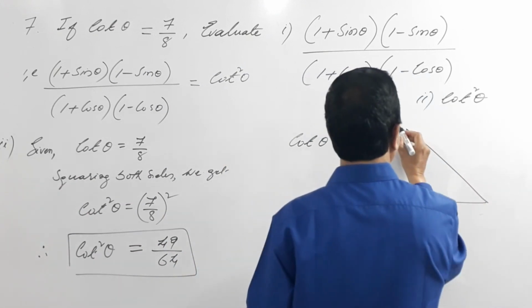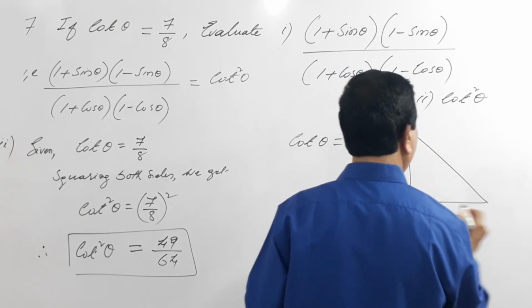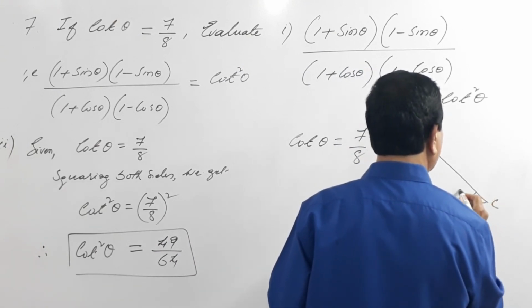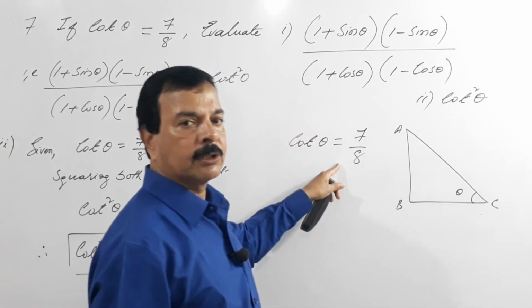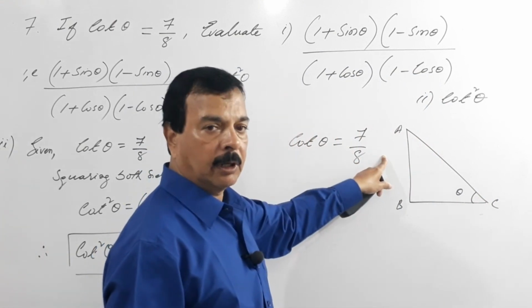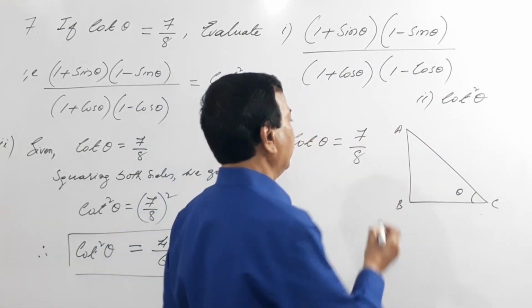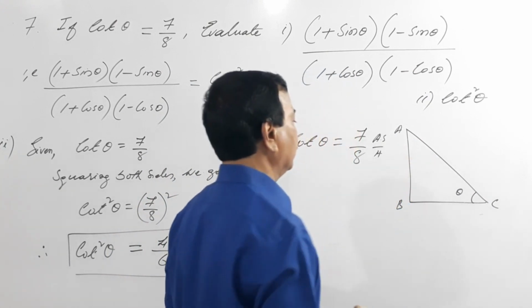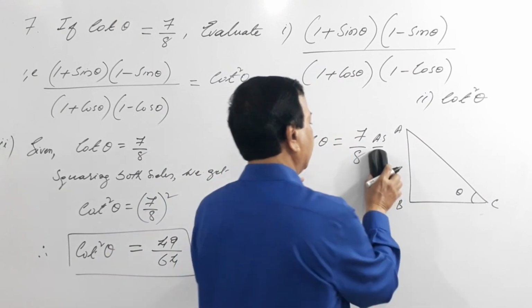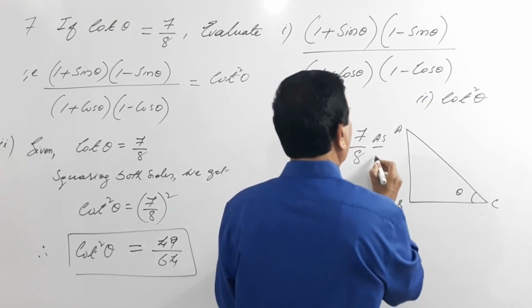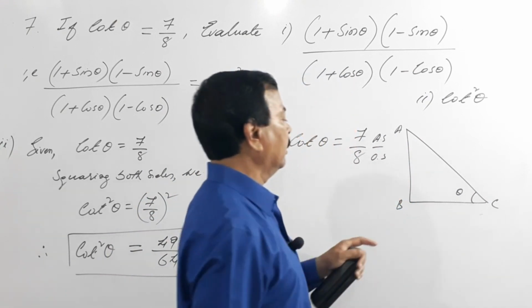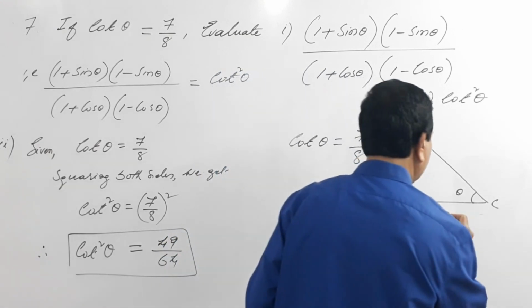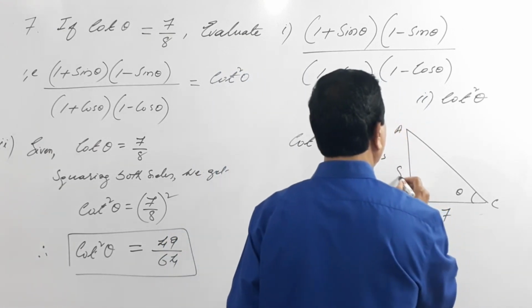So you have to draw a triangle, right? So this is A, B and C. I call this angle theta. What is cot theta? That is adjacent side by opposite side. So the adjacent side is 7 and the opposite side is 8.